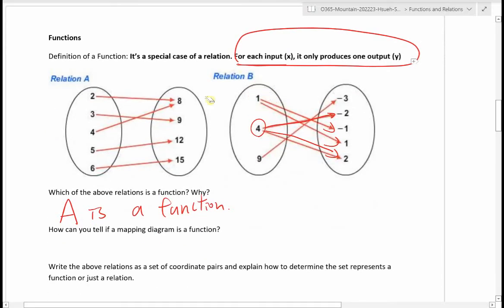So how can you tell if a mapping diagram is a function or not? Well, you just need to look at the arrows, right?